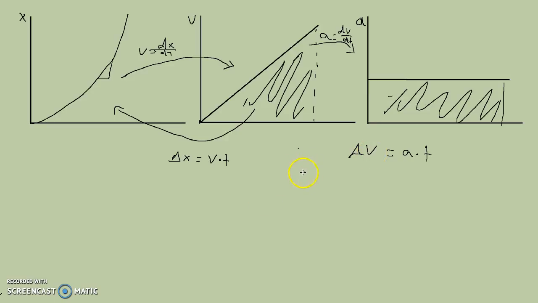And in those situations, we have some really powerful tools for making predictions about the way things behave. That's what we're going to be exploring for the rest of this chapter. We're going to start that exploration by looking at the velocity graph. So let's do that.